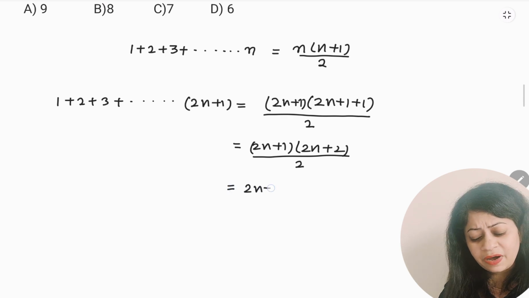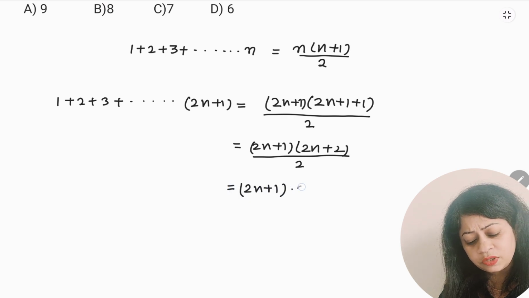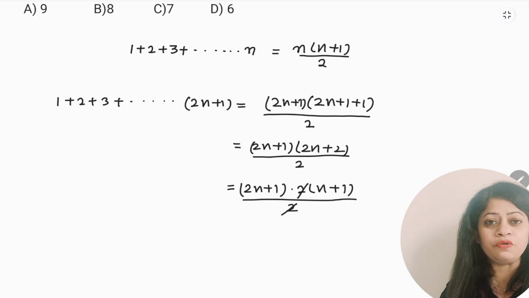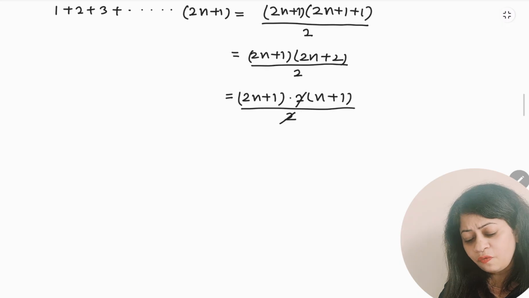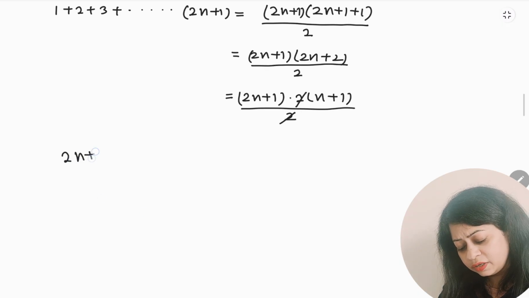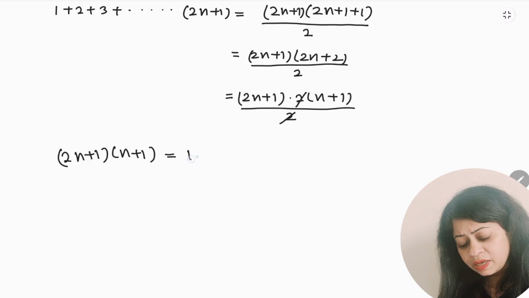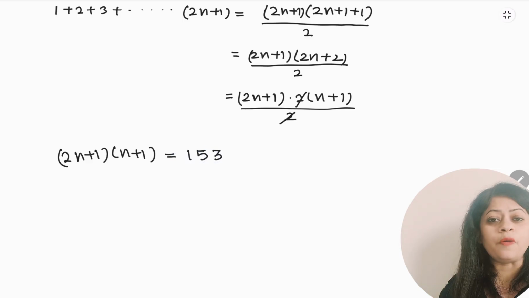I will just simplify this. It will become 2n plus 1, and if I take 2 common, it will become this. And then I will cancel out the 2's, right? Now finally, I know that I got 2n plus 1 times n plus 1 is equal to what is given, 153.